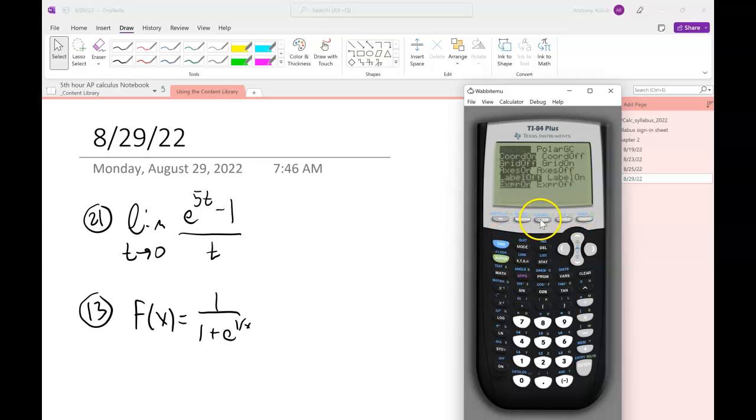If I really wanted to see what's going on, maybe I'll turn the axes off. So it appears that for part A, it's going towards 1. For part B, that's where it's approaching 0 from the left, that's going to 0. And because the right-hand limit and left-hand limit disagree, part C does not exist.